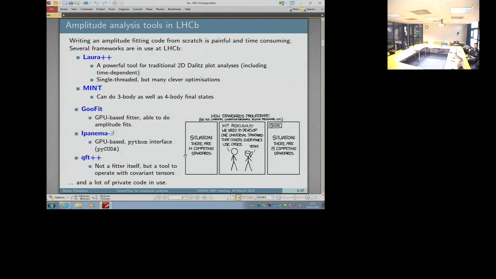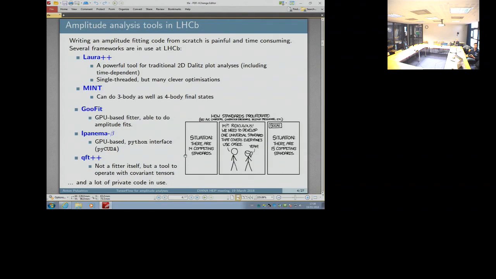For instance, there's a package called Laura++, which is a rather powerful tool for traditional two-dimensional Dalitz plot fits. This is basically a spin-zero particle decaying into 3 other spin-zero particles, and it can also do time-dependent fits, and so on.